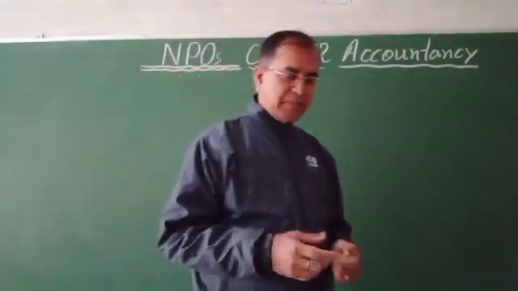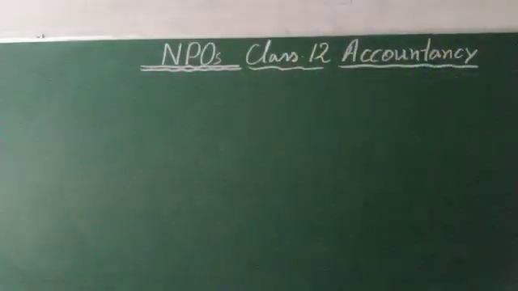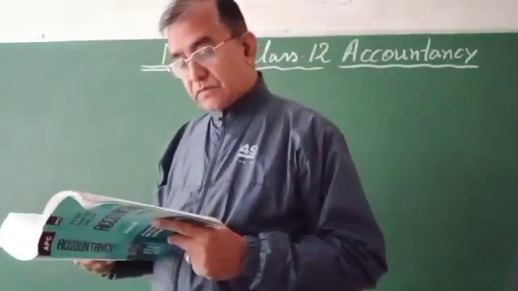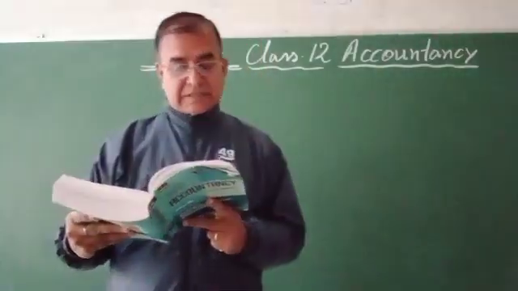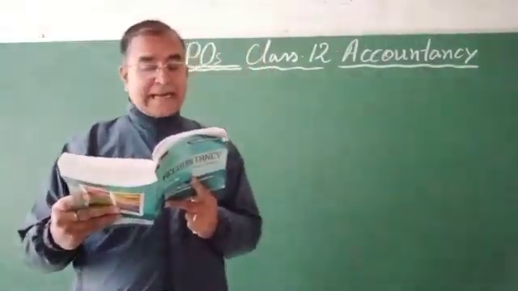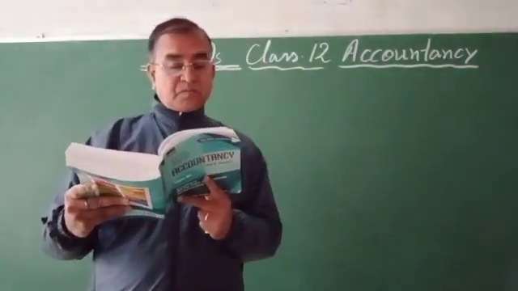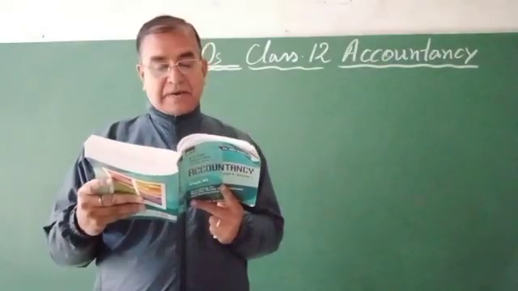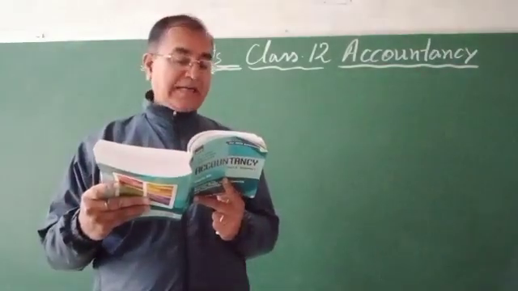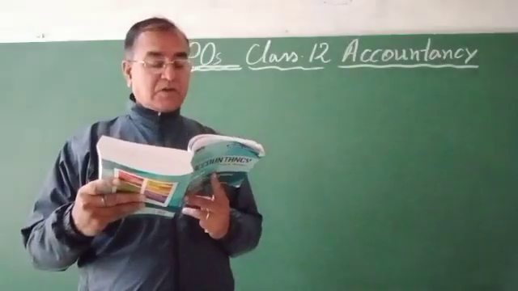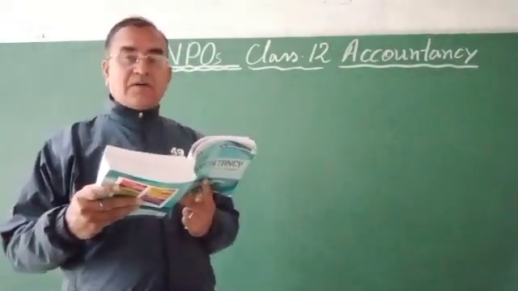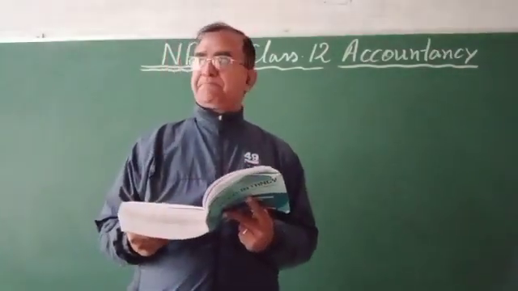So in a number of practical questions given in your book, see how the subscription is computed. Question number 12: what amount will be credited to the income and expenditure account for the year ending 31st March 2019 on the basis of the following information?